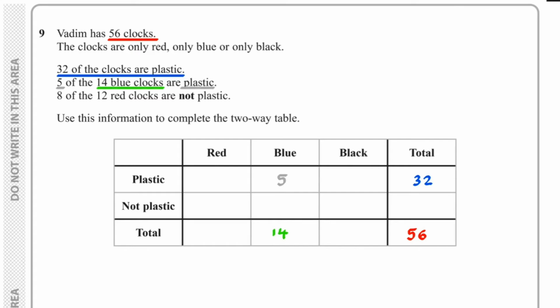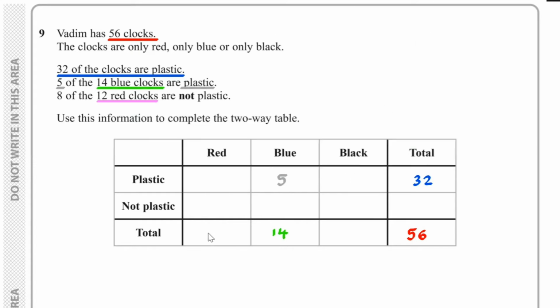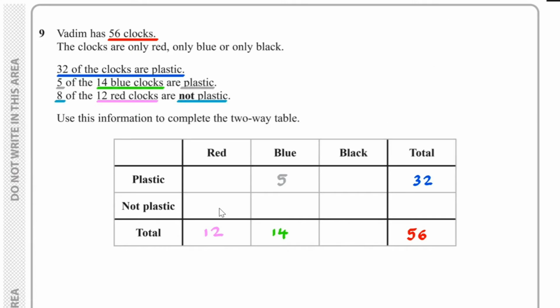We also know that 8 of the 12 red clocks are not plastic, so that means we've got 12 red in total, and of those 12, 8 of them are not plastic. And with this we can complete the two-way table.